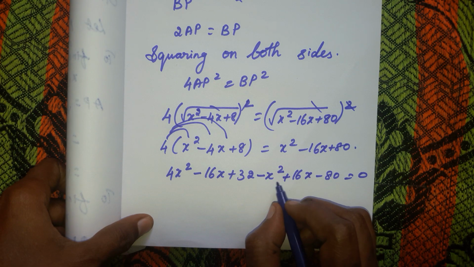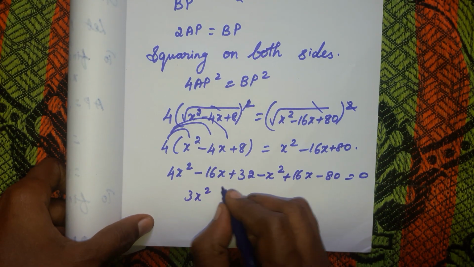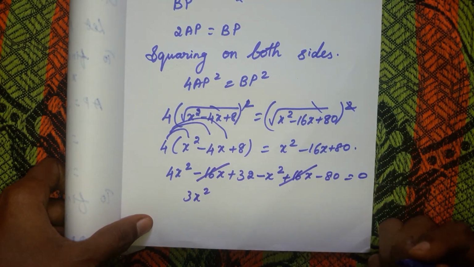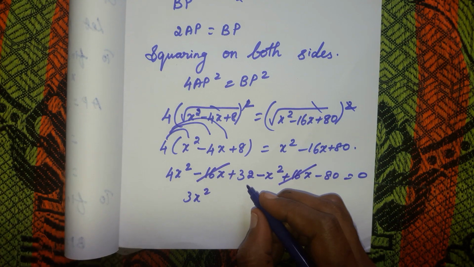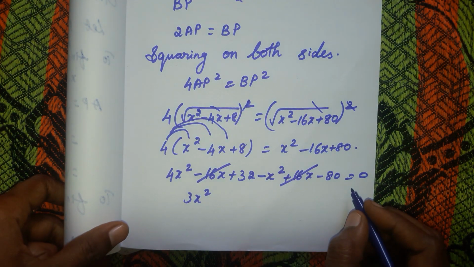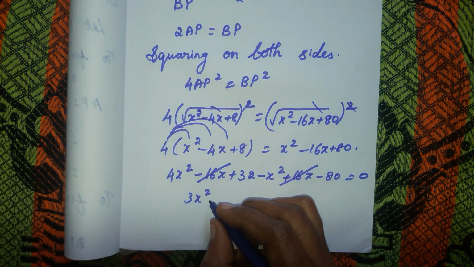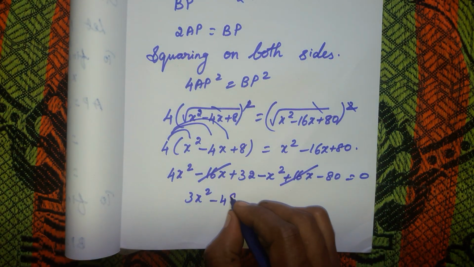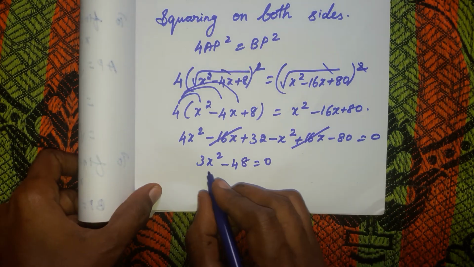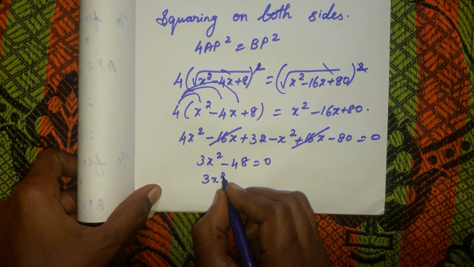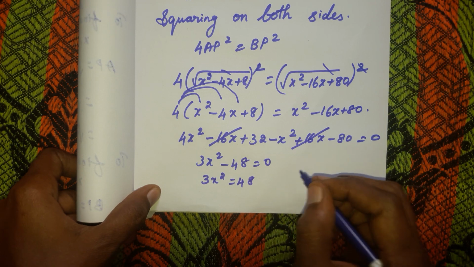So 4x square minus x square, 3x square; minus 16x plus 16x will be cancelled. 32 minus 80 is minus 48 is equal to 0. So 3x square is equal to 48.